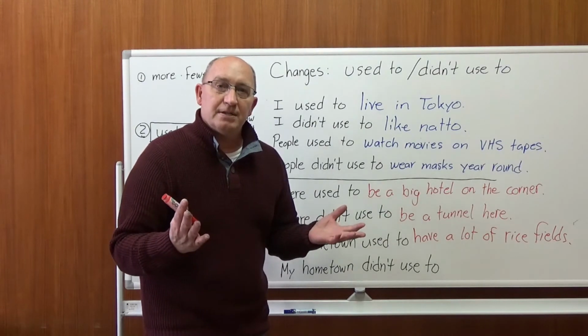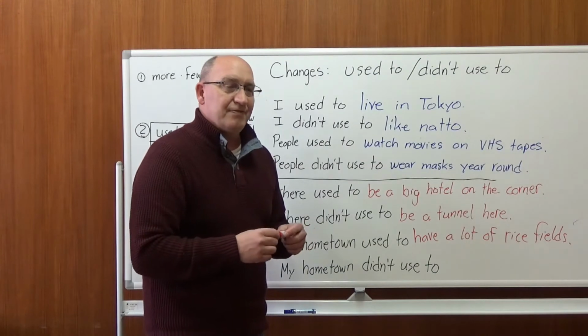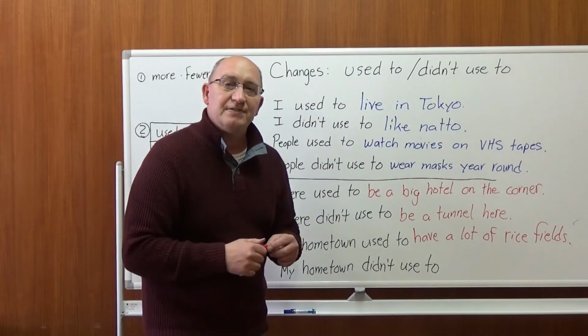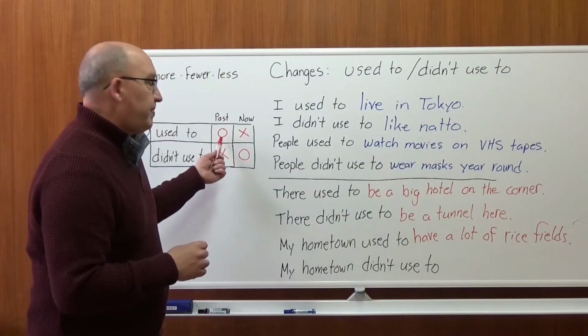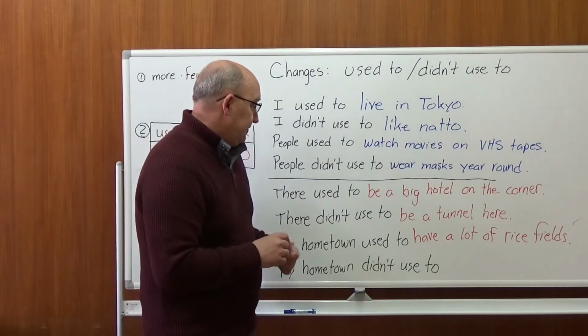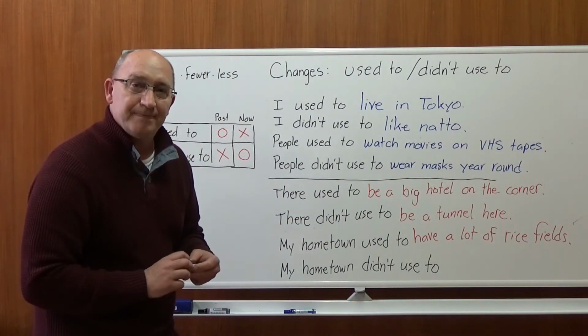There were maybe a few homes, very few shops, but there were mainly a lot of rice fields. So in the past that was true, but now it's a big change. My hometown used to have a lot of rice fields. Now, maybe not so many.